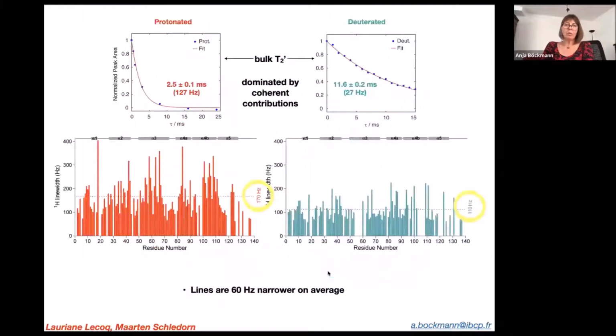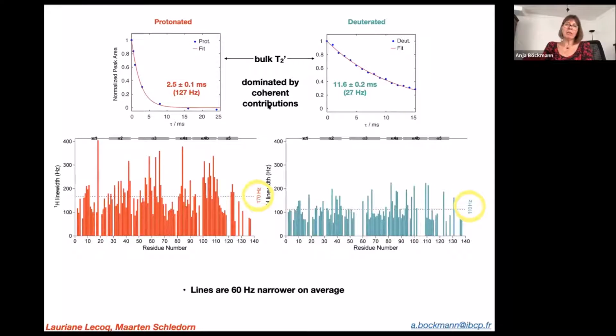And we did quantify that then, by measuring the relaxation time. So this is the bulk T2 prime, which gives the coherent line width. And you see that there is still a difference between the deuterated and the protonated samples. You have here about 2.5 milliseconds, and here more than 10 milliseconds for which the signal lasts.